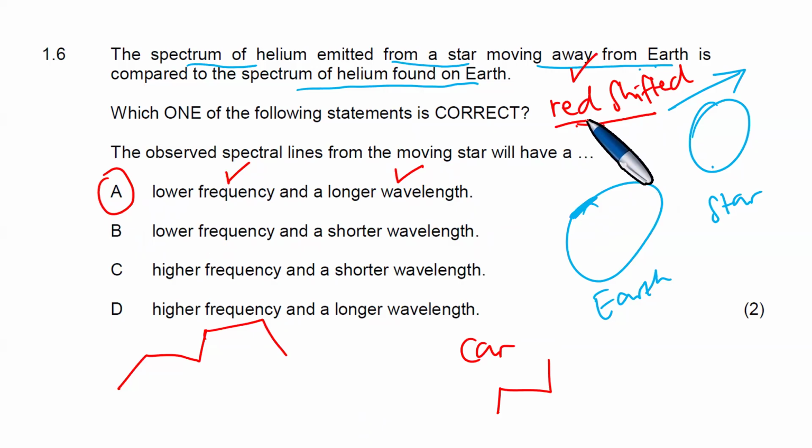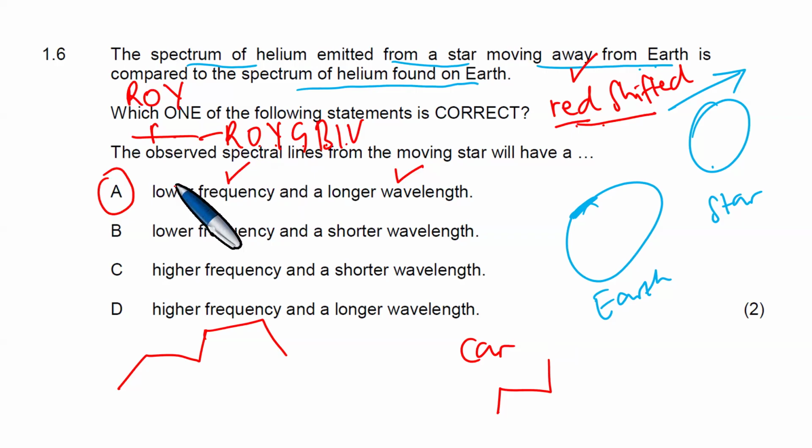In view of the spectrum, ROYGBIV: at this side, you have lower frequency and longer wavelength at the red, orange, yellow, green, blue, indigo, violet. When you are here at the red part of the spectrum, you have lower frequency and longer wavelength.